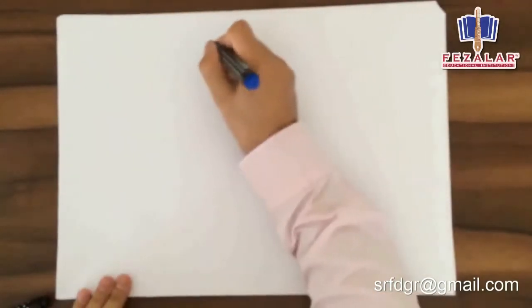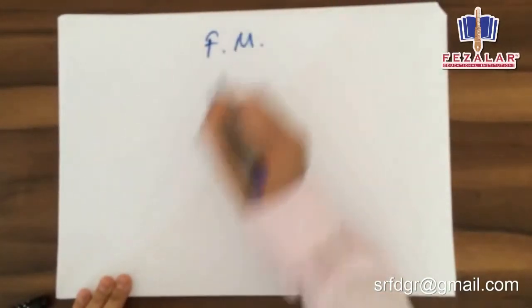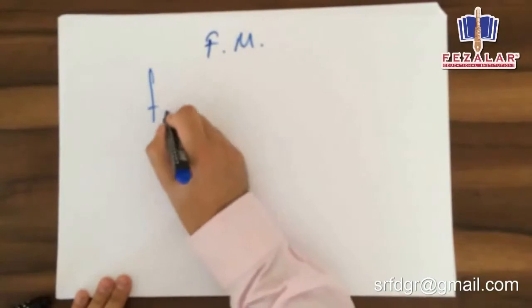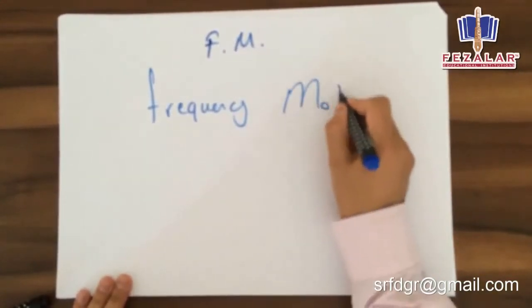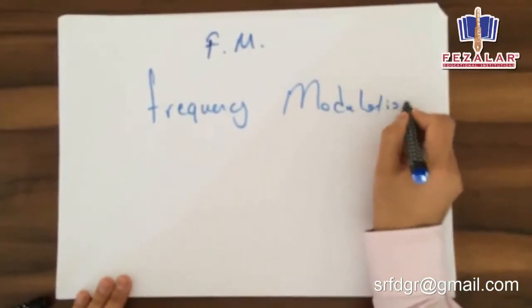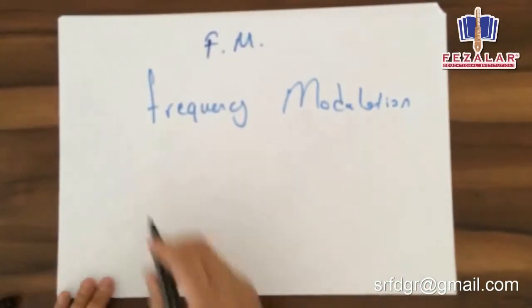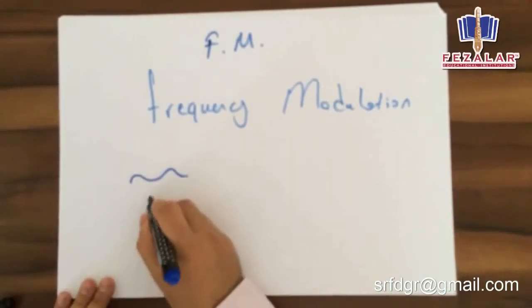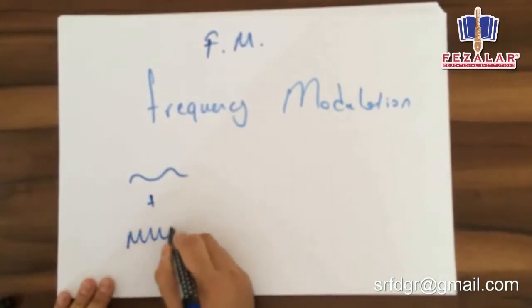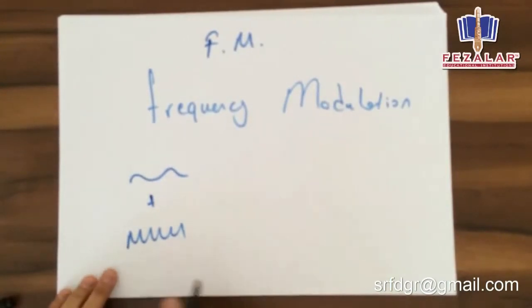In frequency modulation, it is called FM. This is frequency modulation. Also, we have the audio wave, the carried wave, plus we have the radio wave, the carrier wave.